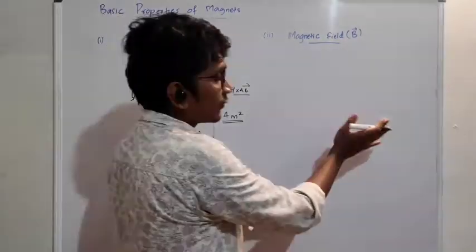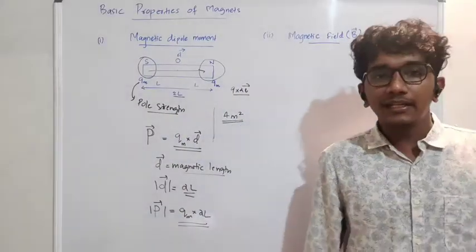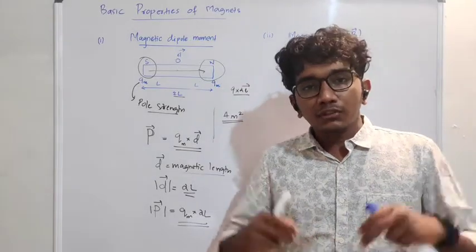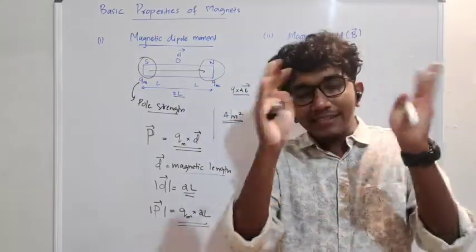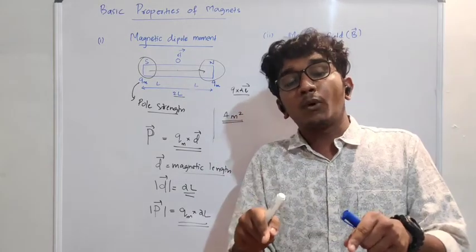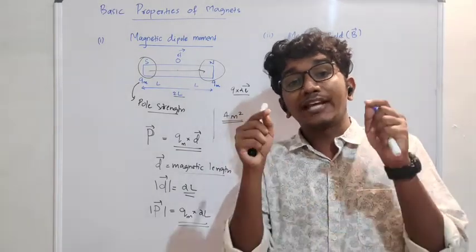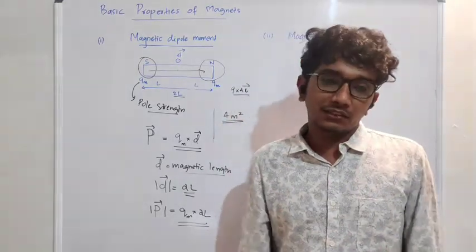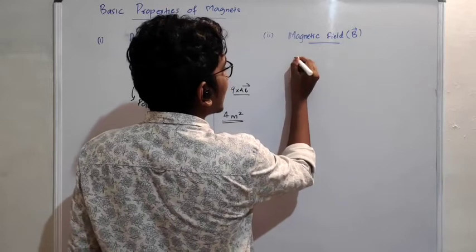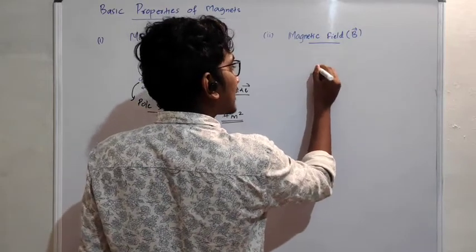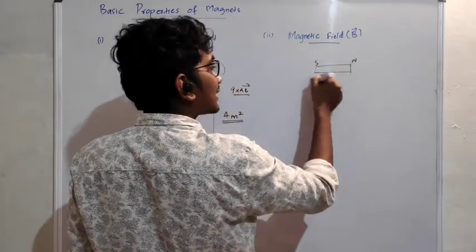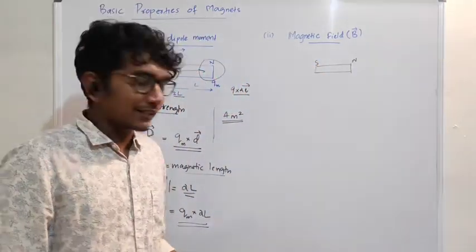Next is magnetic field. What is a magnetic field? What was electric field? When there is a charge, there is a region, a space around that charge where another point charge would experience a force due to that charge. Similarly, magnetic field is a region around a magnet. Suppose there is a magnet with south and north, and we know that a single pole never exists.